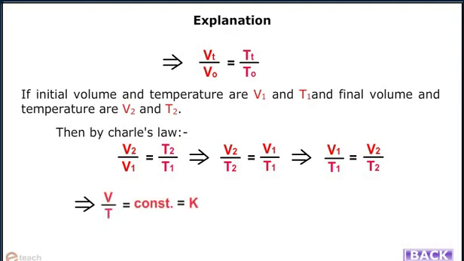This implies V by T is a constant. Let's call it k. This implies V equals kT, that is, V is proportional to T, or volume is proportional to temperature.